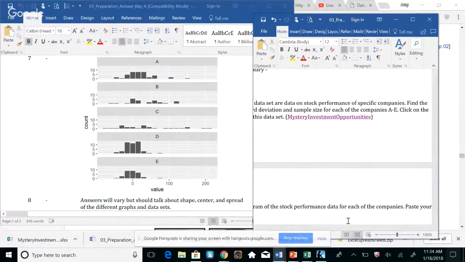Find the mean. I don't know stock enough to know whether you want just a whole bunch of higher peaks to be the winner, or the more numbers on the right hand side, even though C didn't do as much. Do you know what I'm saying?